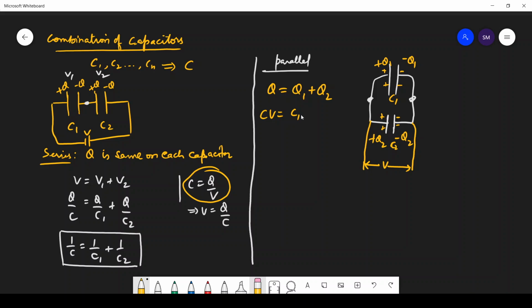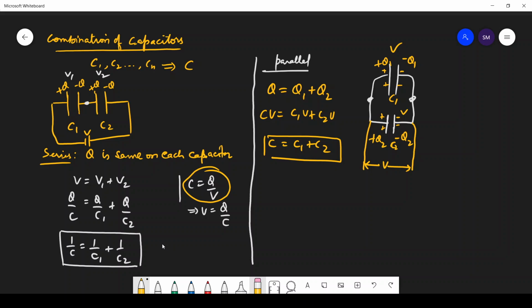Of course in parallel the same potential will be there. So Q equals C1V plus C2V. So students, now the net capacitance will be C1 plus C2. And if there are n capacitors, then keep on adding their capacitances up to Cn. So these are the two simple formulas.